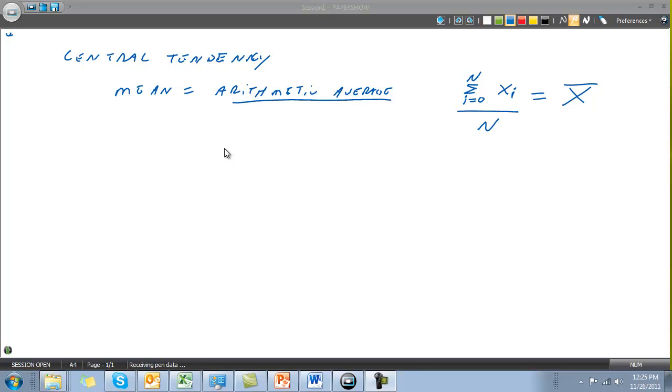There are two other averages as well, or measurements of central tendency. One of them is the median, and that is the one in the middle. Finally, we get to the next one, the mode, and that is the one most common.